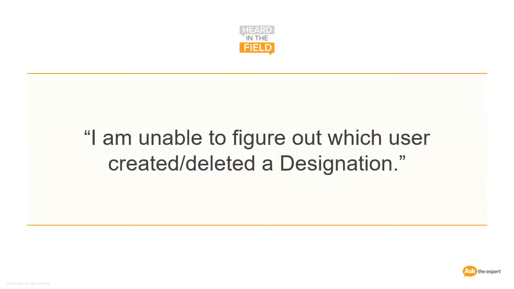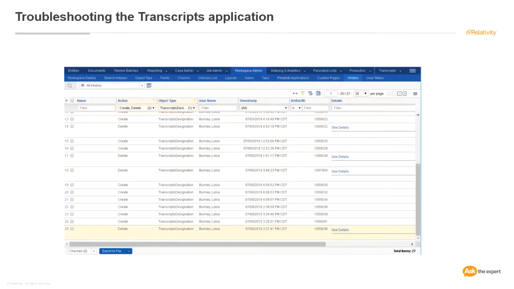All right. I'm unable to figure out which user created or deleted a designation. To figure out which user added or edited a designation, you can check the History tab in Relativity. Since the history can be rather large, it may be best to create a view to pull back this information.